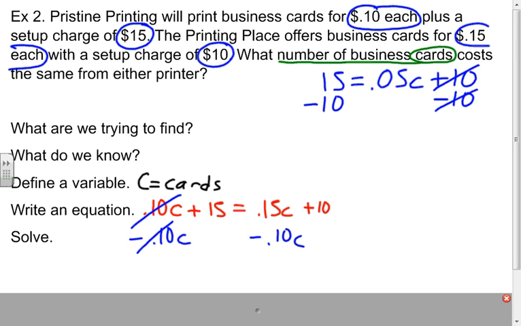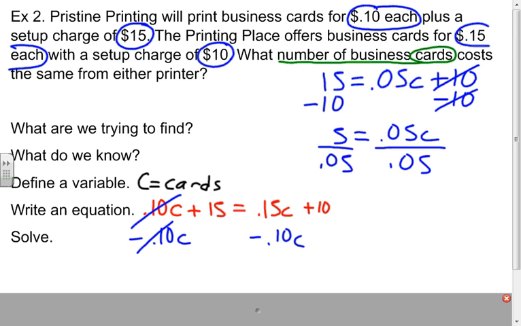Those are inverses, so they cancel. So on the left I have 5, and on the right I have 0.05C. My variable is not by itself yet. It's being multiplied by 0.05, so I need to do the inverse, which is divide by 0.05. Do that to both sides.